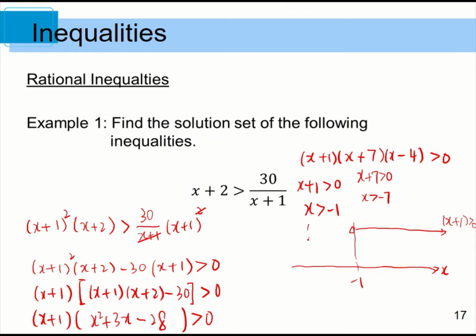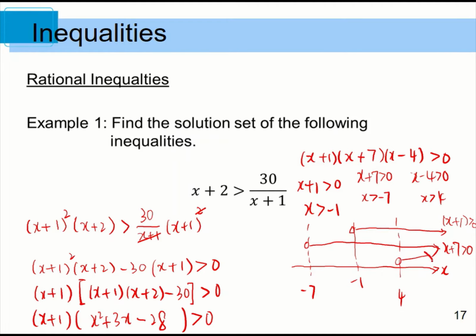So we have another line here, negative 7, and we say x plus 7 is more than 0. And x minus 4 more than 0, x more than 4, so we have another line here.